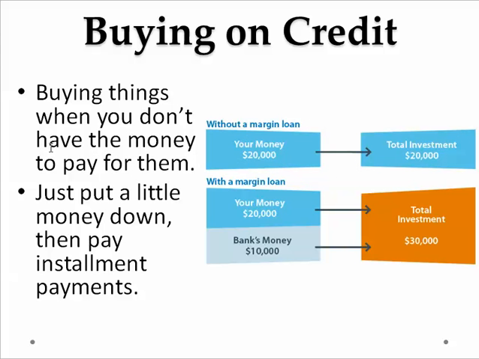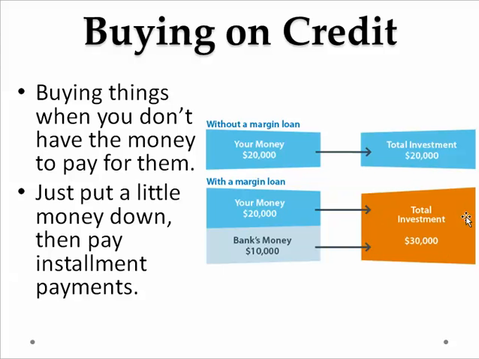If you got a loan without margin, you would get $20,000 and buy some stock. You'd have $20,000 worth of stock invested. But if you bought on margin or credit, you would put $20,000 of your money in, and the bank would give you $10,000 more.